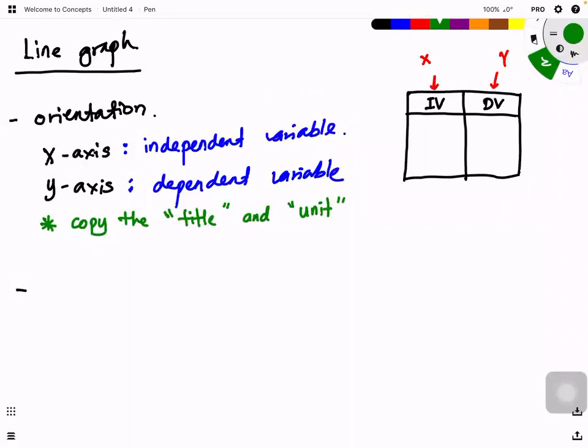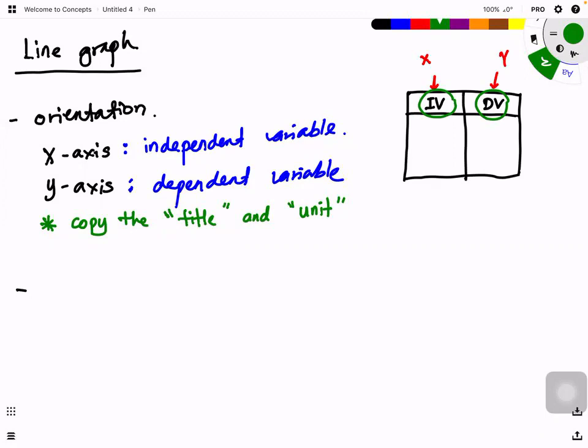So you copy the title or the heading here, independent variable, dependent variable, exactly. The unit also must be exact. If the unit is mole per dm cube, don't go and change it. Like for example, volume in cm cube, also the same as ml, but don't go and change it. You copy exactly, then you will get the marks.